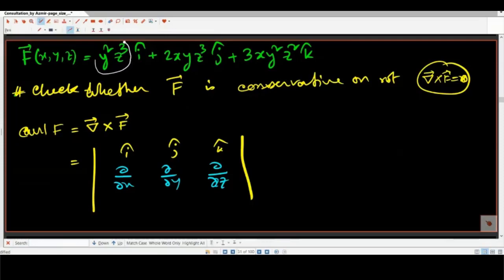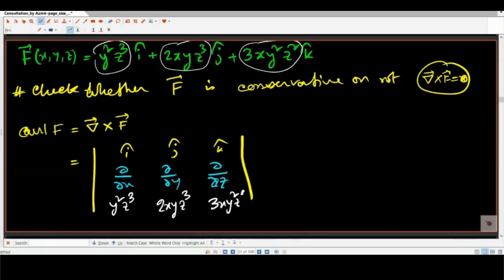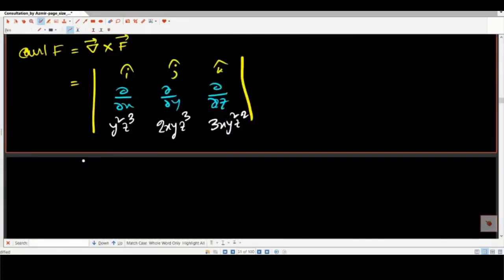So this is p, q, and r: y squared z cubed, 2xy z cubed, 3xy squared z squared. So we have to find this determinant.